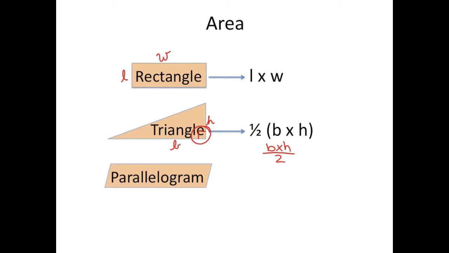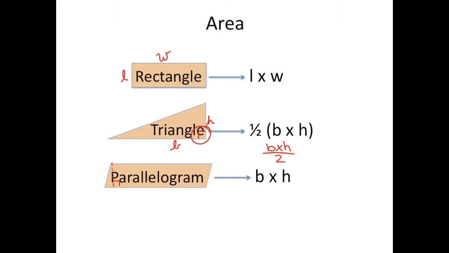To find the area of a parallelogram, we need to multiply the base times the height. So you'll see on a parallelogram, such as this, we don't have any right angles. So in order to find the area, we have to have a right angle. So I'm going to draw in the height here, and there's my right angle.